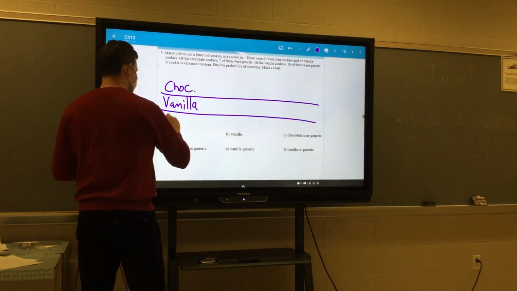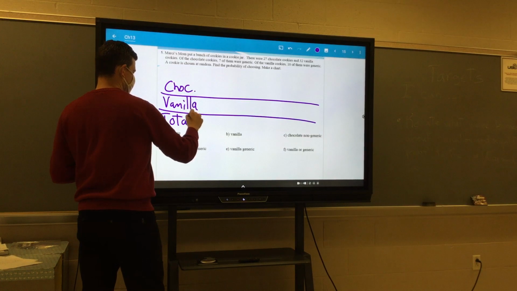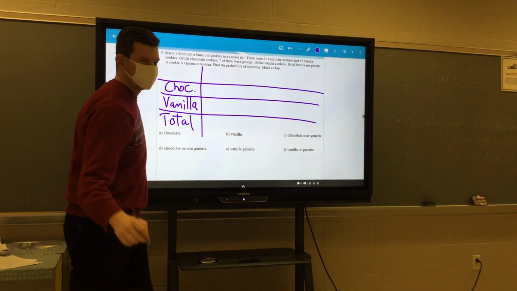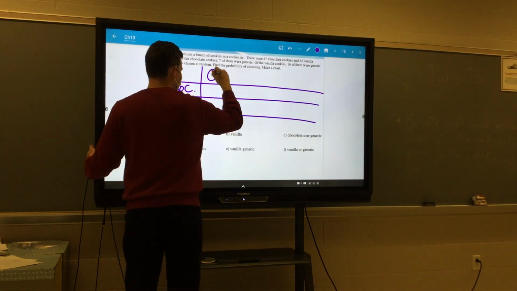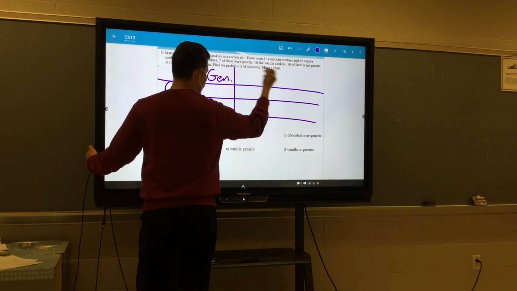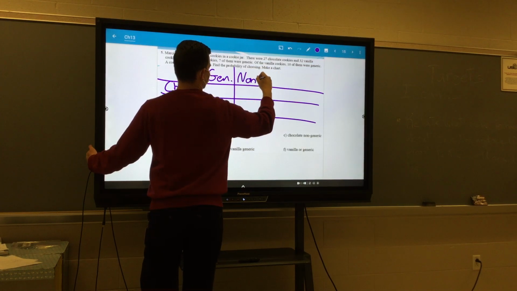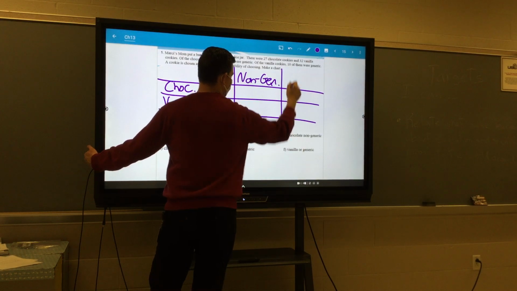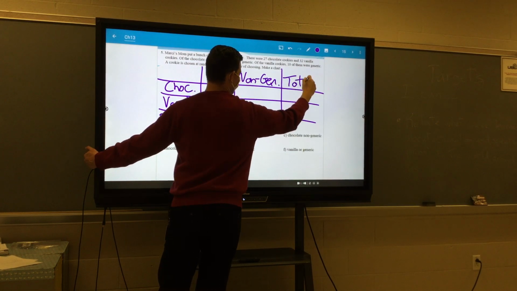We also want a total row. Additionally, these cookies are either generic store brand cookies or they're name brand or non-generic. We also have a total column.